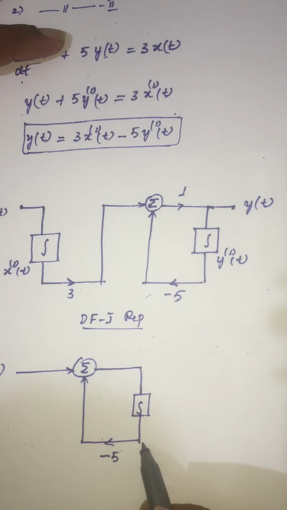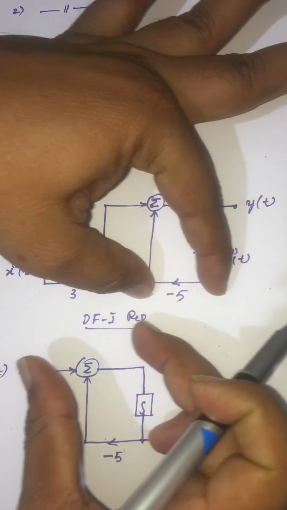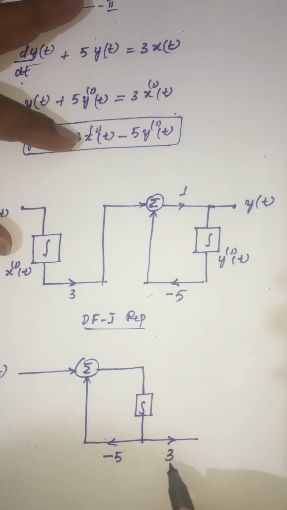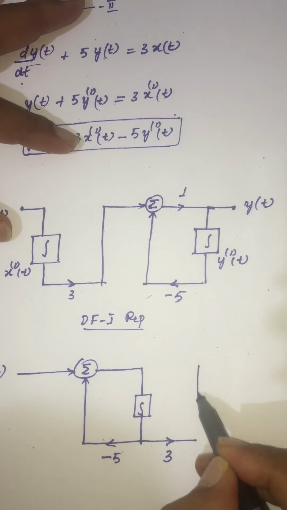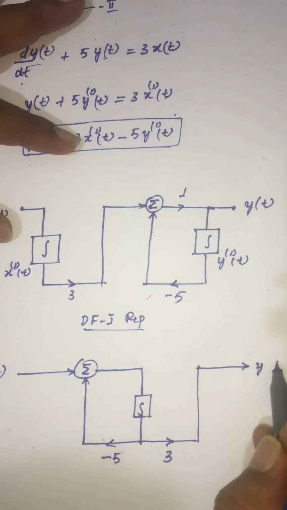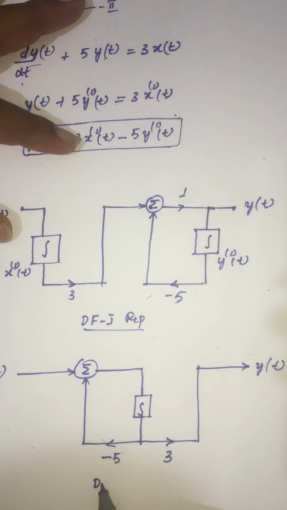And the other side, this coefficient is 3. This will be moved this side, right? It is like this. Okay, so therefore it is +3 and without this part I need to give it to the mainstream y of t. Now this is the direct form 2 representation.